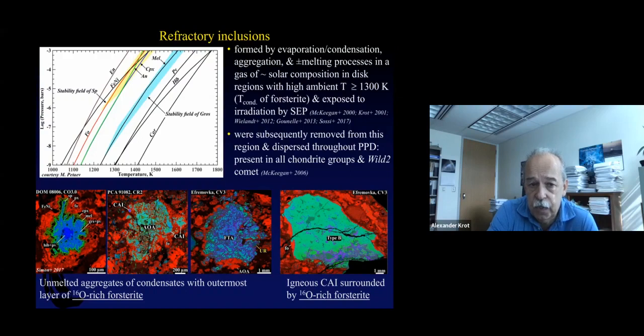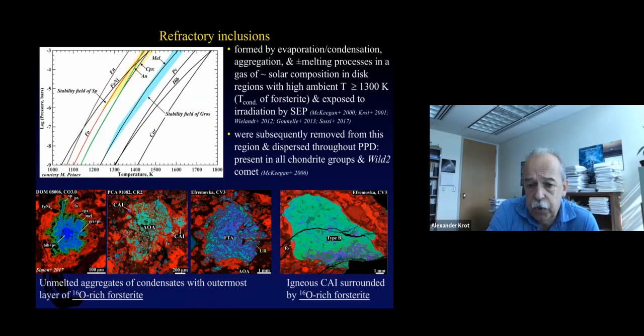And because forsterite has a condensation temperature of around 1300 degrees Kelvin at a pressure of about 10 to minus 4 bar, it means that refractory inclusions formed in a gaseous reservoir with very high ambient temperature, above 1300 degrees Kelvin. And many people think that this region was exposed to irradiation by solar energetic particles, but this is a controversial topic, as we'll discuss today.